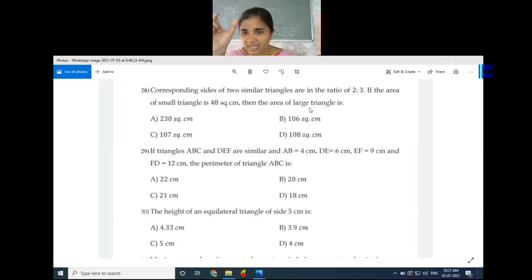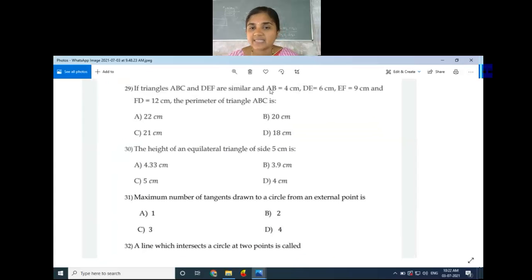Repeatedly they are asking questions on this area of similar triangles concept. The ratio of the areas of similar triangles is equal to the square of the ratio of the corresponding sides. Using that concept, we can easily find the unknown triangle area. Clear now? Yes. Next question.